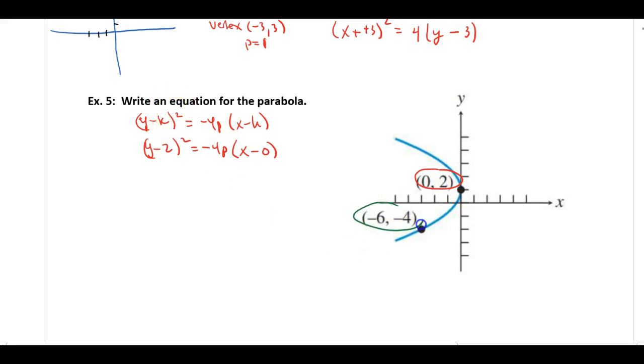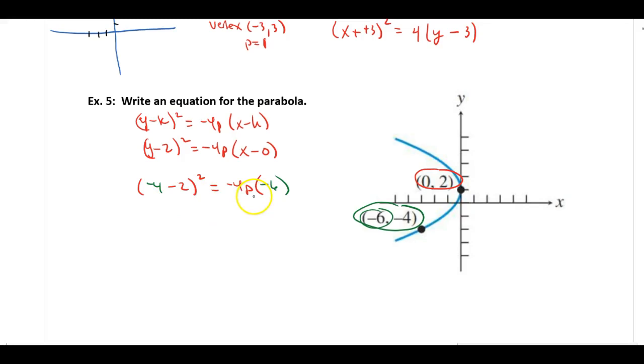Well, since this is a point on the parabola, I'm going to plug that in. So I see a y here. I'm going to replace it with the y value of that ordered pair, which is -4. Then (-4 - 2)² equals -4p times, what am I going to replace x with? What's the x coordinate? -6.